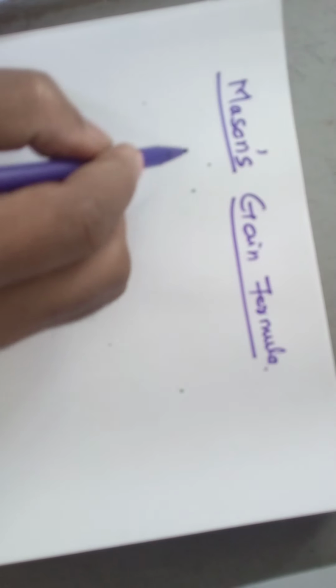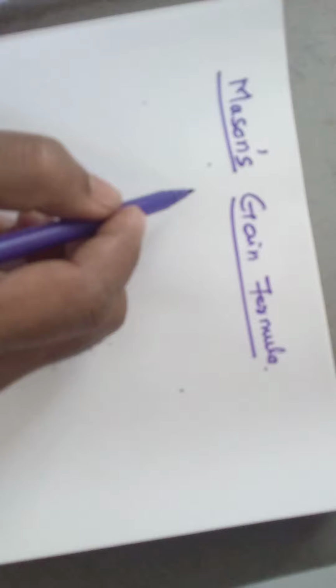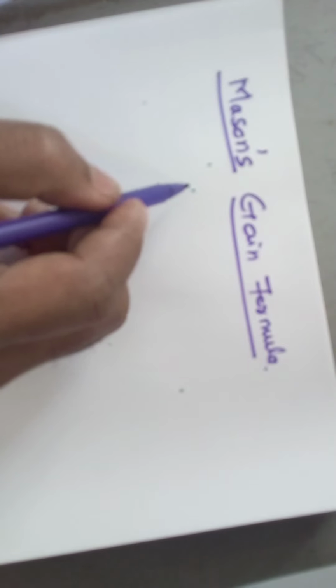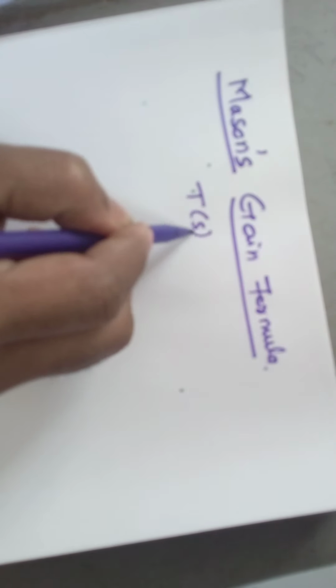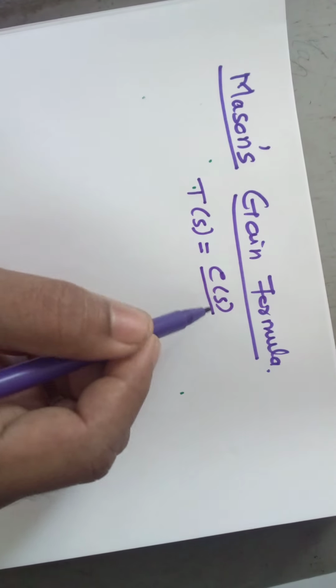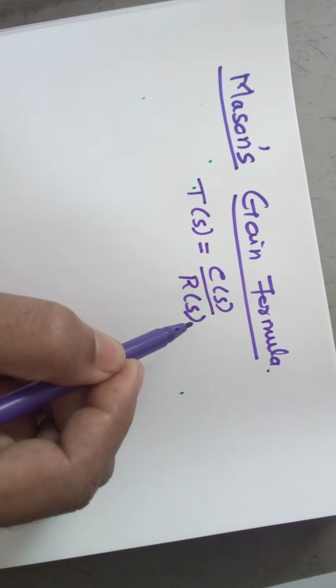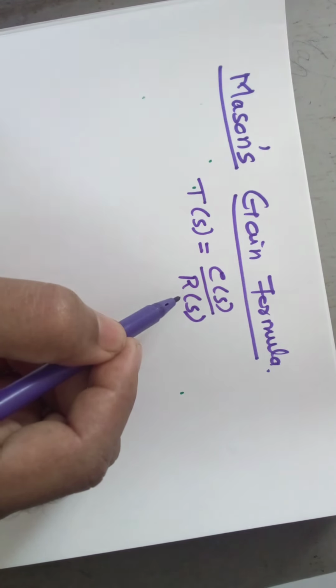The transfer function of the system from a signal flow graph can be obtained by using the formula T of S equals C of S, the Laplace transform of the output, divided by the Laplace transform of the input, R of S.